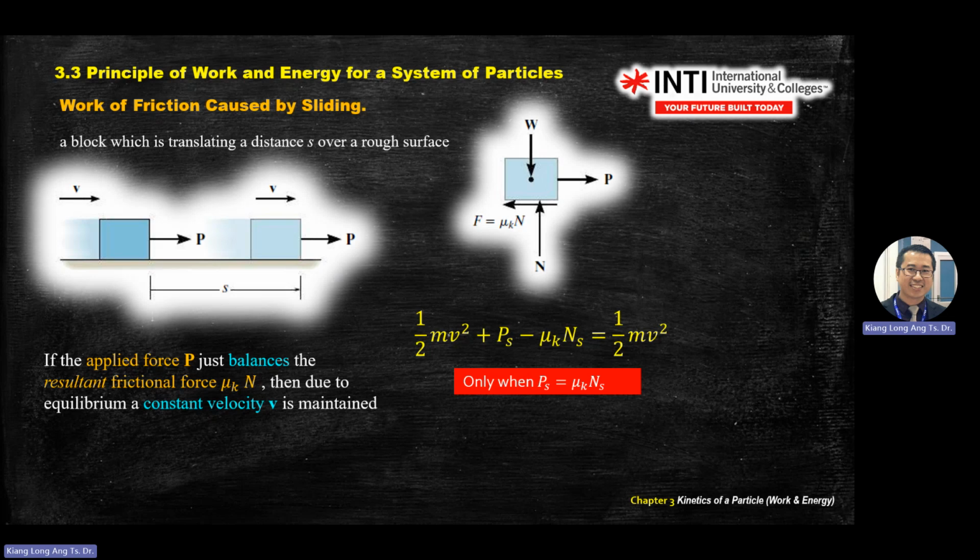It should be mu N multiplied by S. If you write like this, it's wrong notation. If you write like this, it means friction of the object S. This one, P sub X, means forces acting on the subject S. Wrong notation on my slides.